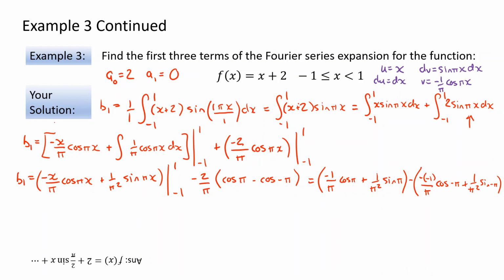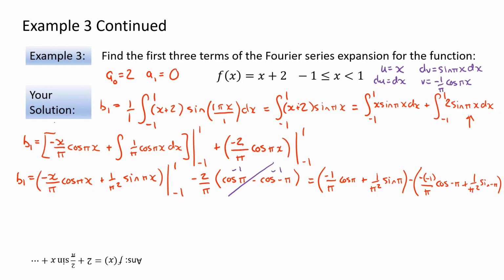And then minus our last term. So in our last term, cosine of pi is negative 1 and cosine of negative pi is negative 1. So what you see here is we get negative 1 plus 1, which is 0. So this term will actually cancel out.